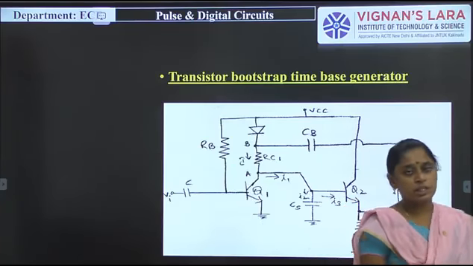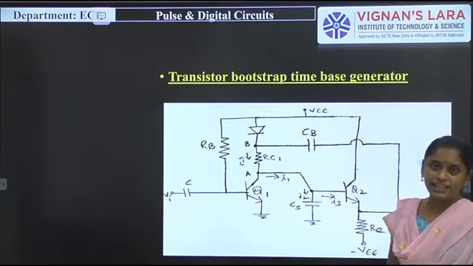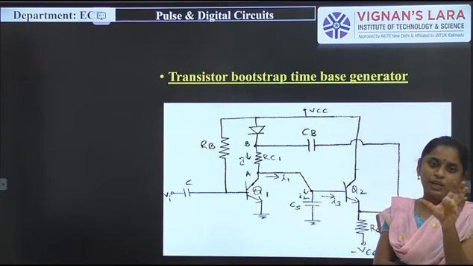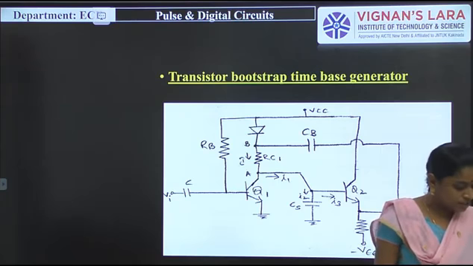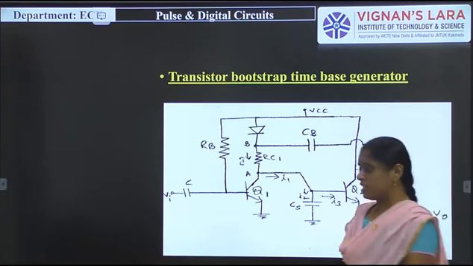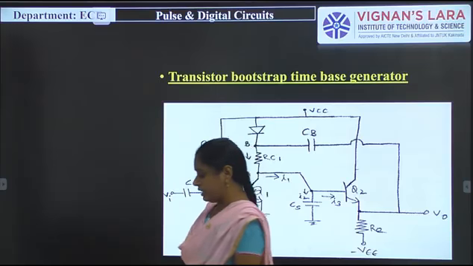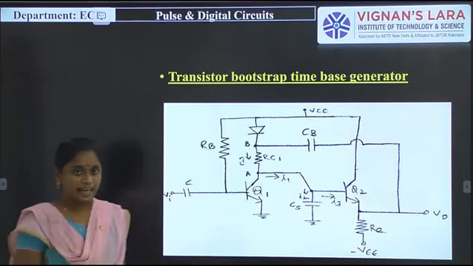In the Miller sweep circuit we have to go for infinite gain. So the gain of the amplifier will be infinite, but here the gain of the amplifier will generally be 1. That is, it consists of unity gain.